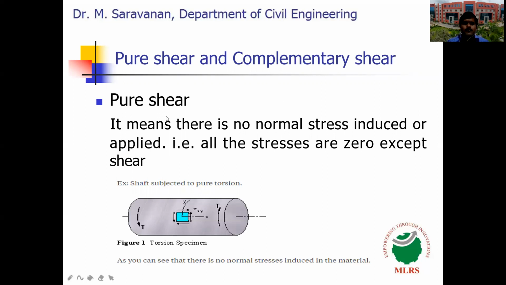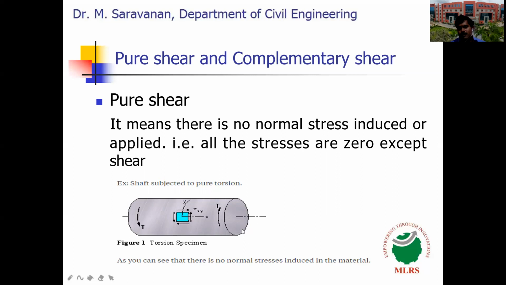Now let us see what is pure shear. It means there is no normal stress induced or applied; all the stresses are zero except the shear. For example, consider a shaft subjected to pure torsion. This shaft is subjected to twisting force, clockwise here and anticlockwise on the opposite side. Because of the twisting, a tangential stress is developed. There are no normal stresses induced.